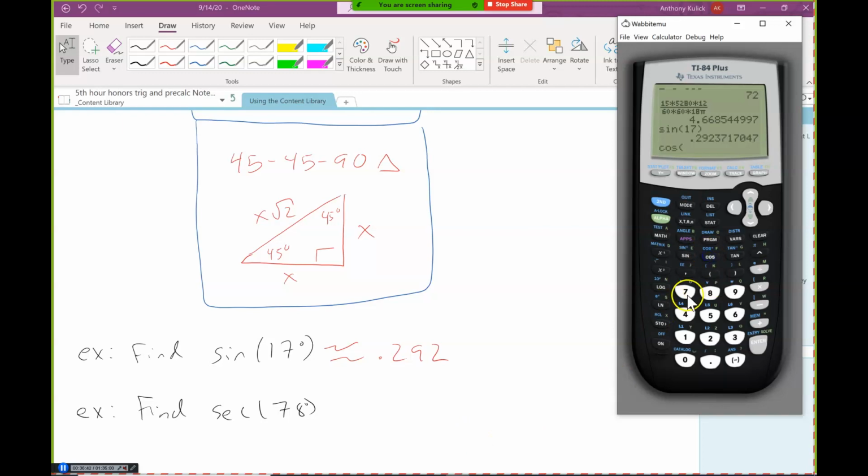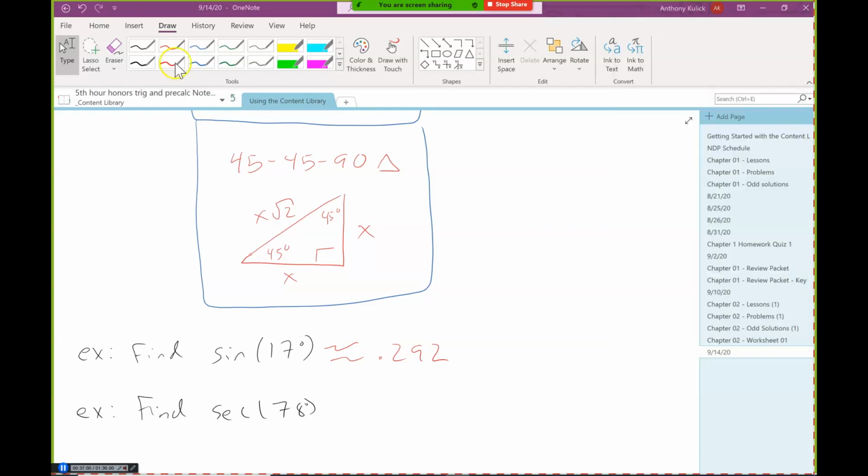Well, I'm going to do cosine 78, and then I'm going to use this reciprocal button that's right below the math button that has the x to the negative 1. So that's 4.810.